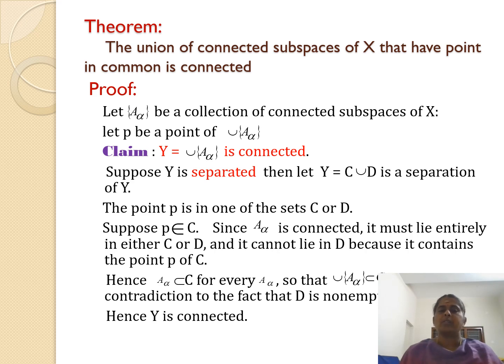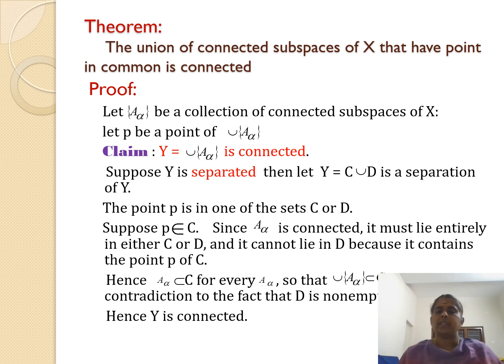Therefore P belongs to the union of A alpha also. But we are writing Y as C union D. Therefore P belongs to either C or P belongs to D. Suppose P belongs to C, and we know that P belongs to A alpha for every alpha, and we are given each A alpha is connected.